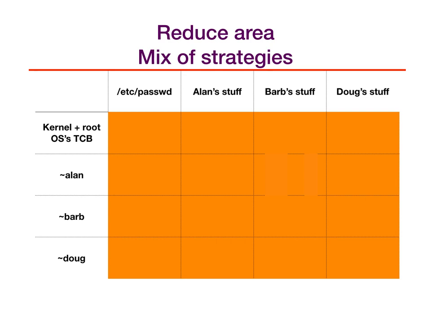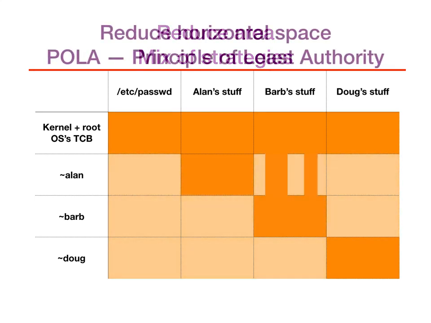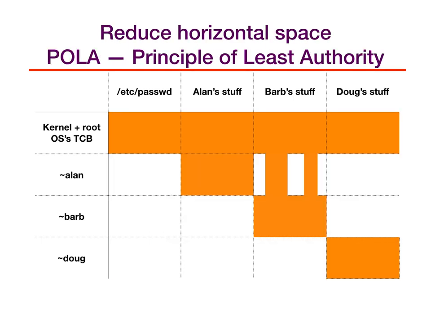So let's revisit what we just showed and take a look at the overall mix of strategies we can use to further reduce the attack surface. We started off with a complete access matrix. Then we reduced the horizontal space within each row by applying the principle of least authority.